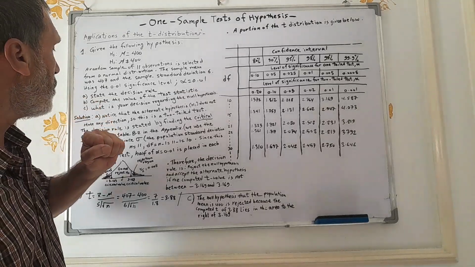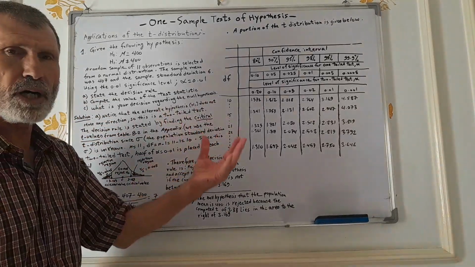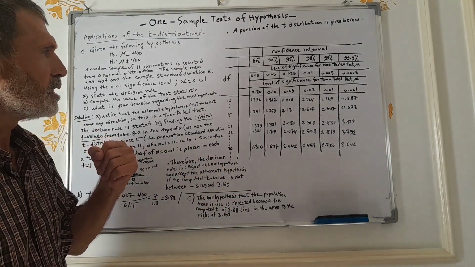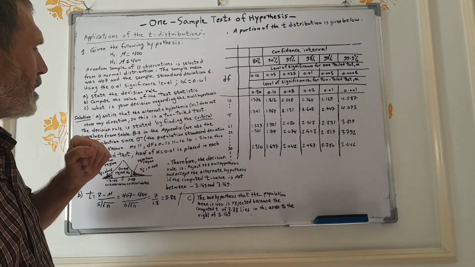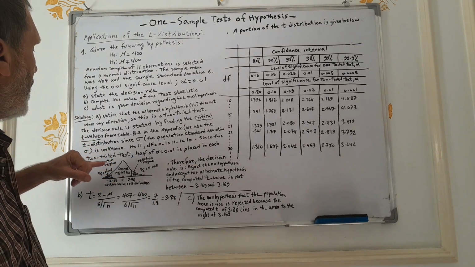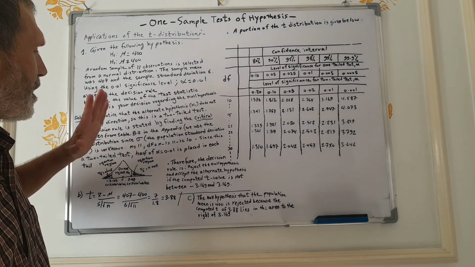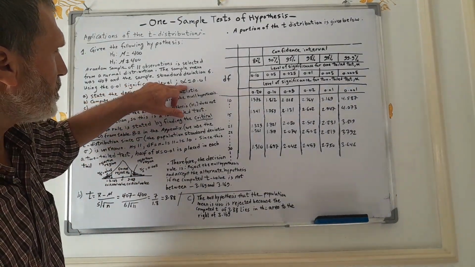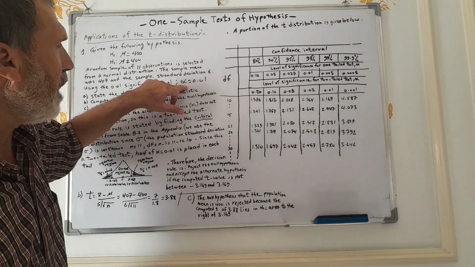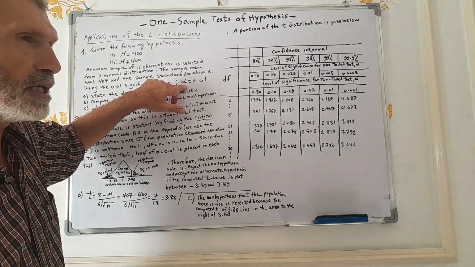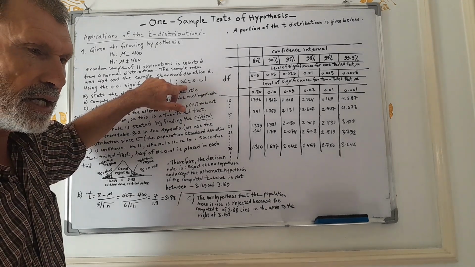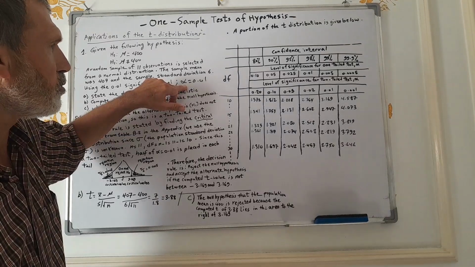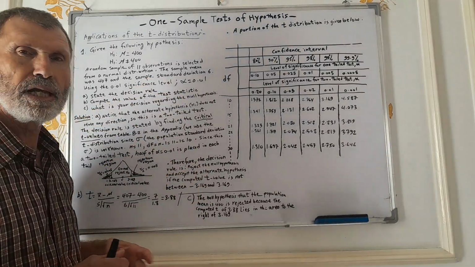Okay, now I have already talked about how to calculate the critical value. Of course, since we have a two-tailed test, remember, alpha is 0.01, so half of alpha is located in the upper half, in the right tail, and the other half of 0.01 is located in the lower half.